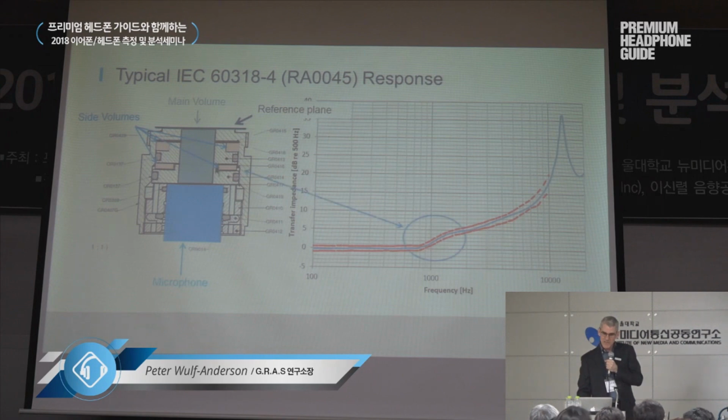The little side volumes we have is what gives the curve this little bump down here at this area. And the main volume is what's causing this half-wave resonance. So it's simply half a wave with this length. So this length is about 12 millimeters, gives us this half-wave resonance.